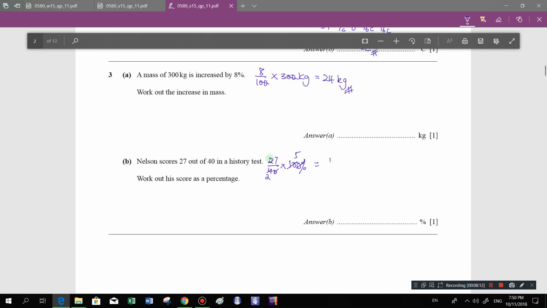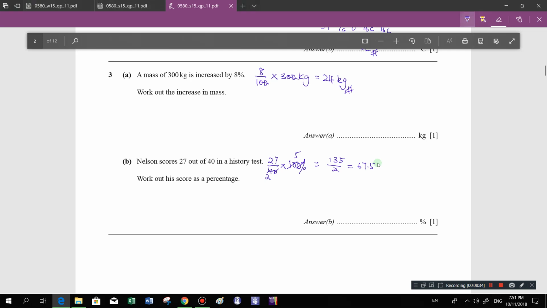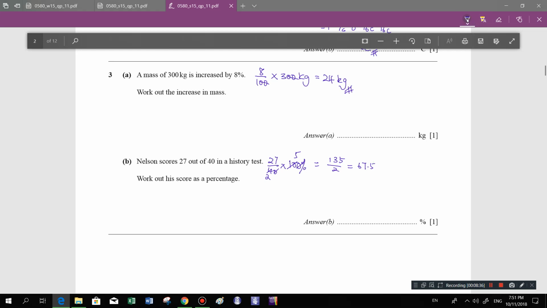So this is 1, 3, 5 over 2. That will give you 67.5%. Okay, that's the answer.